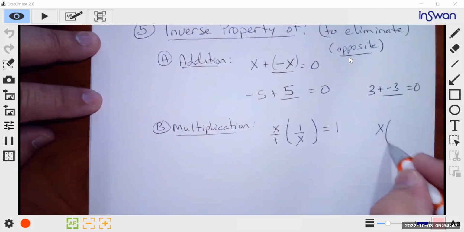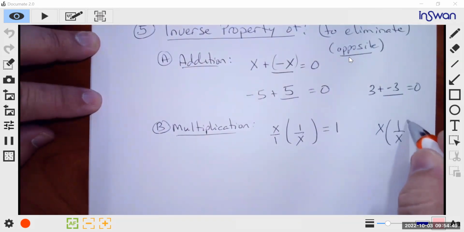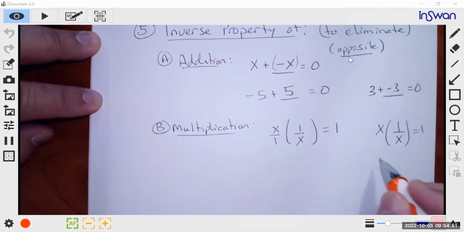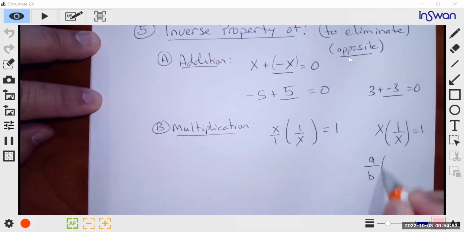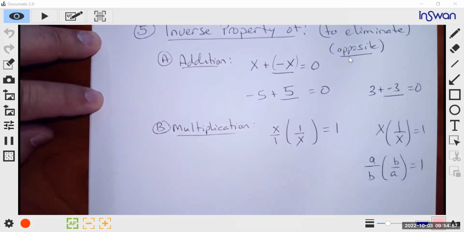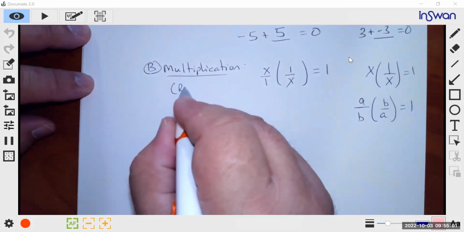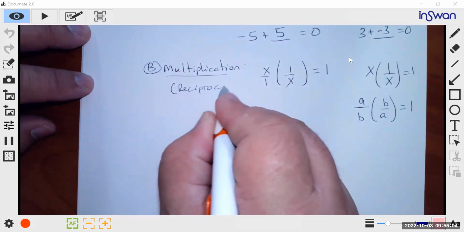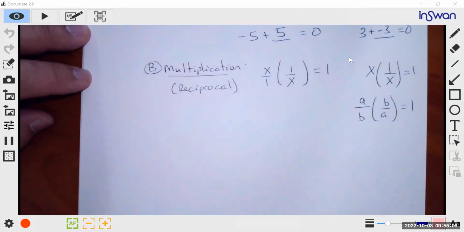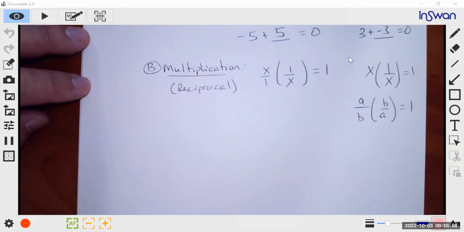So the opposite of x is 1 over x. Or the opposite of a over b is b over a. It's the reciprocal. That's what's the opposite in multiplication.